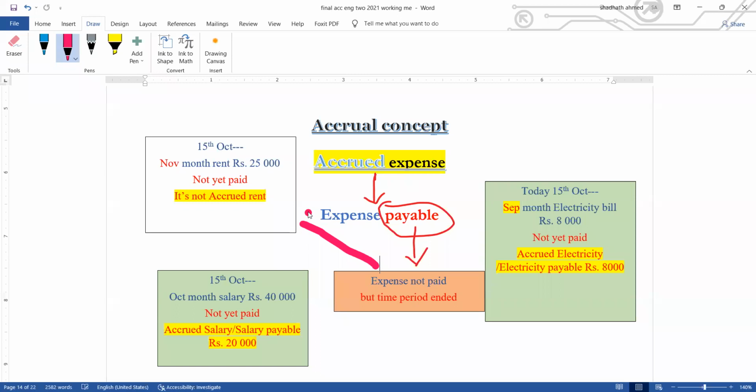Because October 15th is today, but October month electricity bill you won't get in the afternoon. You will get the bill at the end, right? So you don't know about the amount of October electricity. Got it? Yes, sir. Thank you.